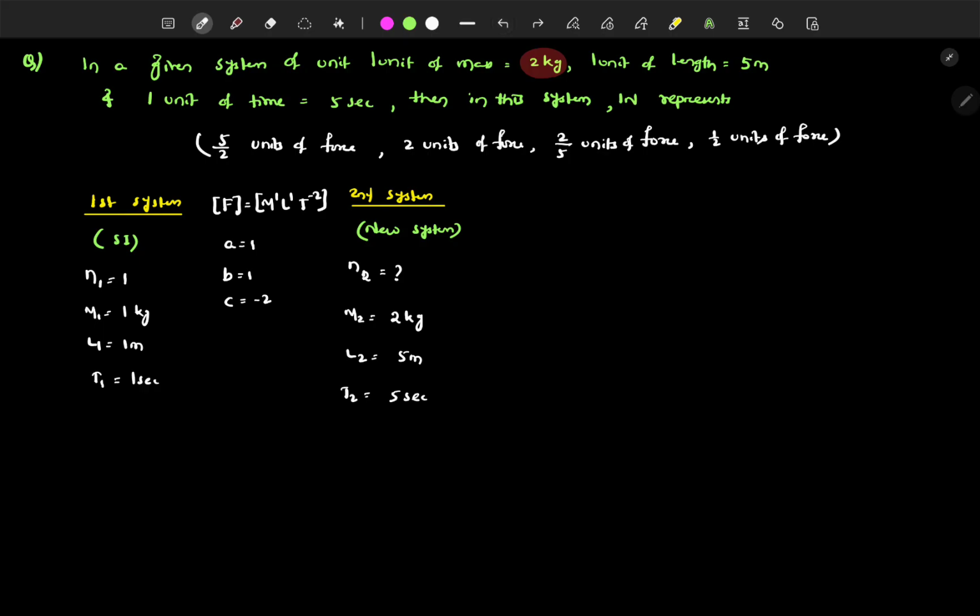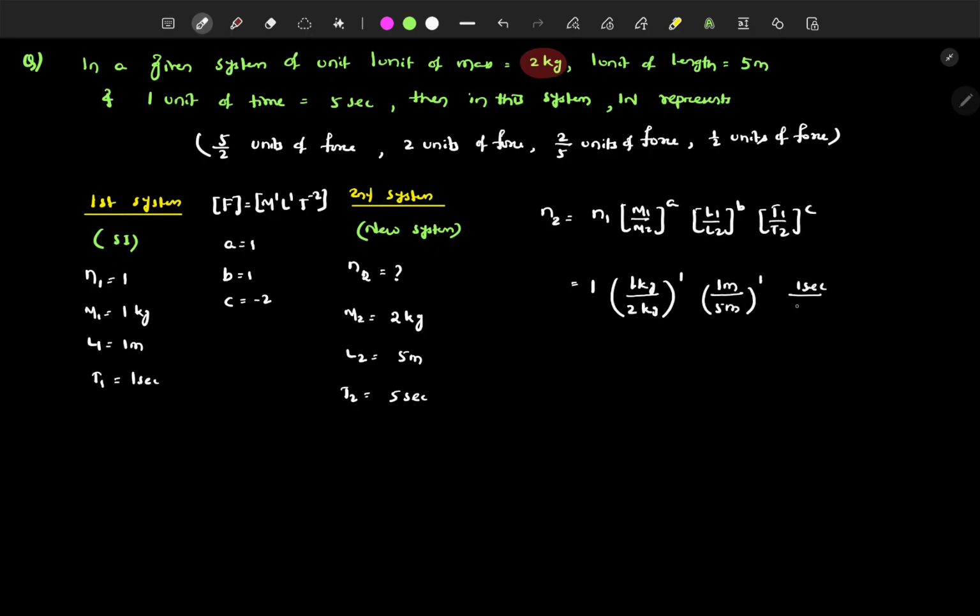Then we have to use the required formula. The working formula is N2 equals N1 into (M1 by M2) to the power A, then (L1 by L2) to the power B, and (T1 by T2) to the power C. So M1 is 1 kg divided by 2 kg, power A value is 1, then 1 meter by 5 meter, power B, that is 1.